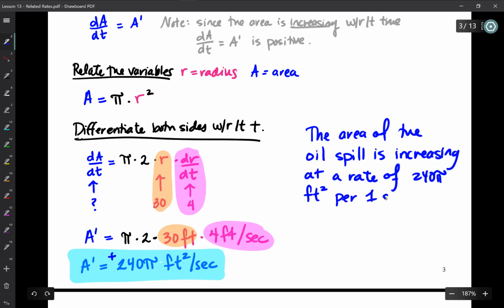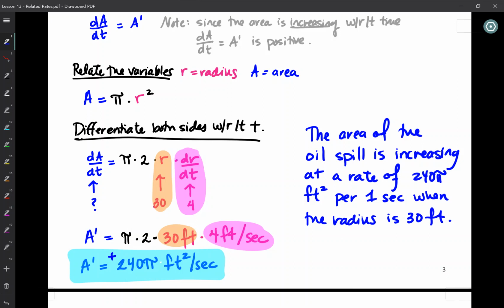If you want to write per 1 second, you're more than welcome to. And when does this happen? At a particular moment in time when the radius of our oil spill is 30 feet.